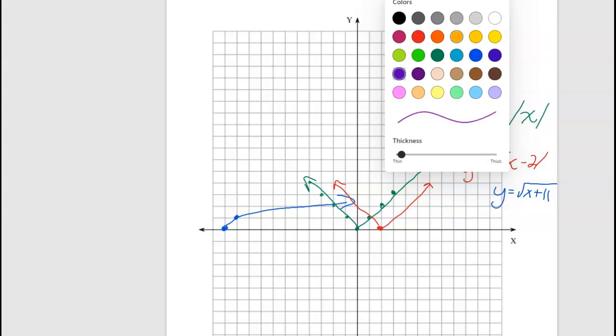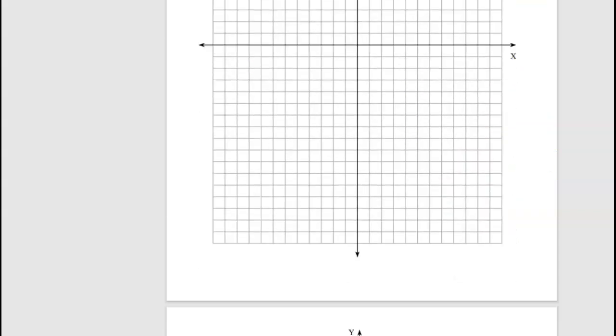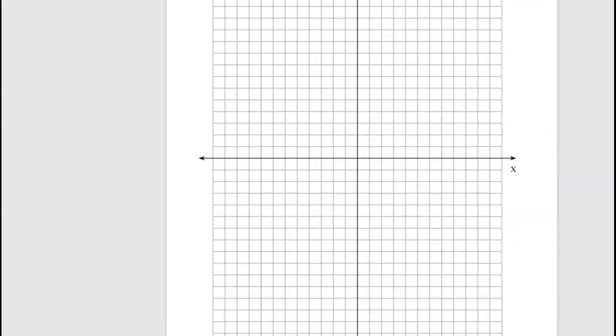And so if I come over here to graph this one, what this one will actually look like is I'm going to come over to this point, and it is going to go this direction. Let me come down to another graph. Might help us out a little bit.